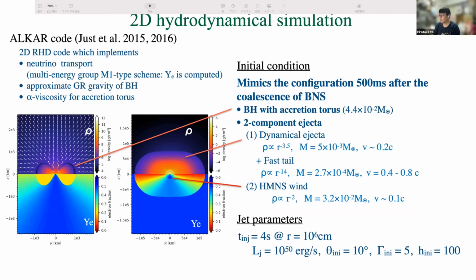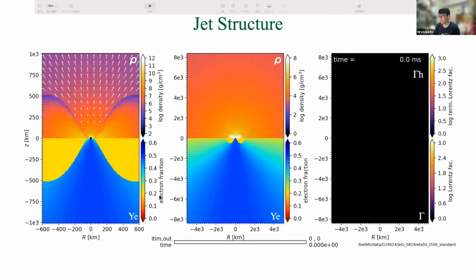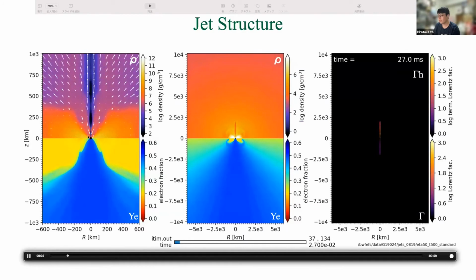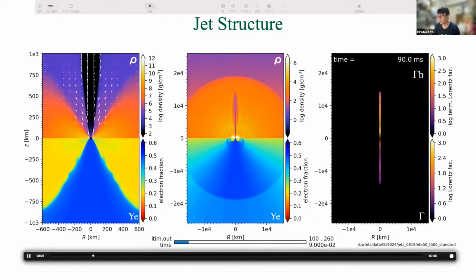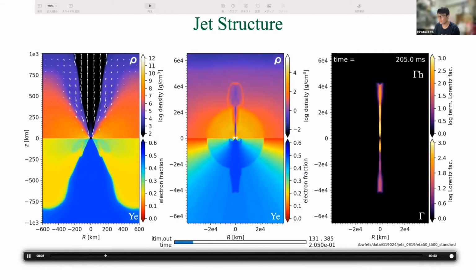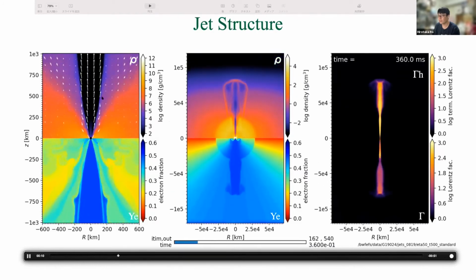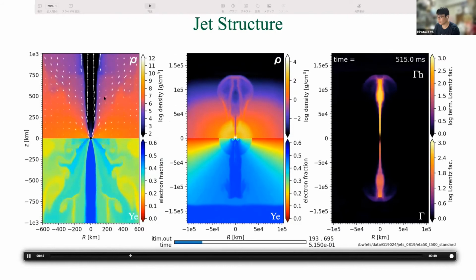Okay, so this is the animation of the hydrodynamical simulation. One notable feature found in the current simulation is that initially there is a quite strong interaction between the jet and the wind launched by the accretion torus.